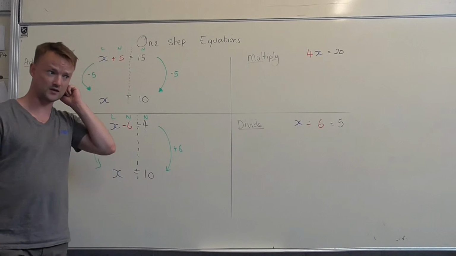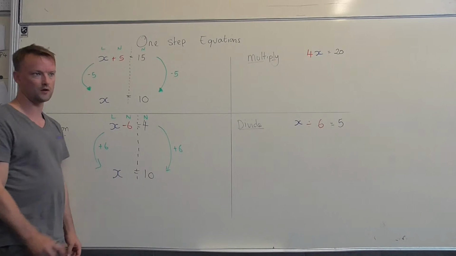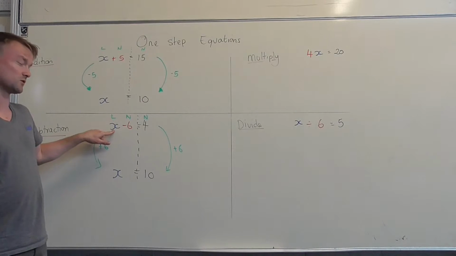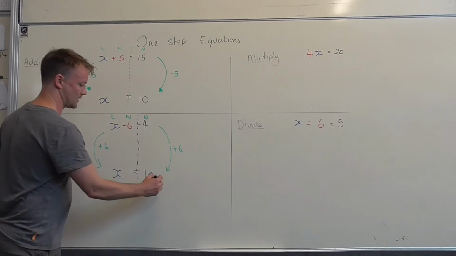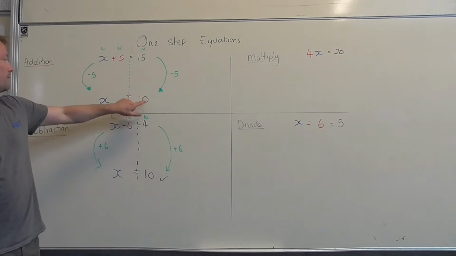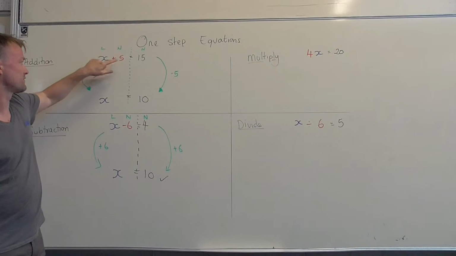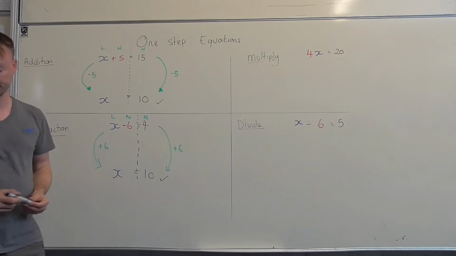The good thing about these equations is that I can check my working to see if I got it right. If I put 10 back here for x, because x equals 10, 10 take away 6 equals 4. So I know this must be right. Up here, x equals 10 again. So 10 plus 5 is 15. I know that my answer for x is correct.